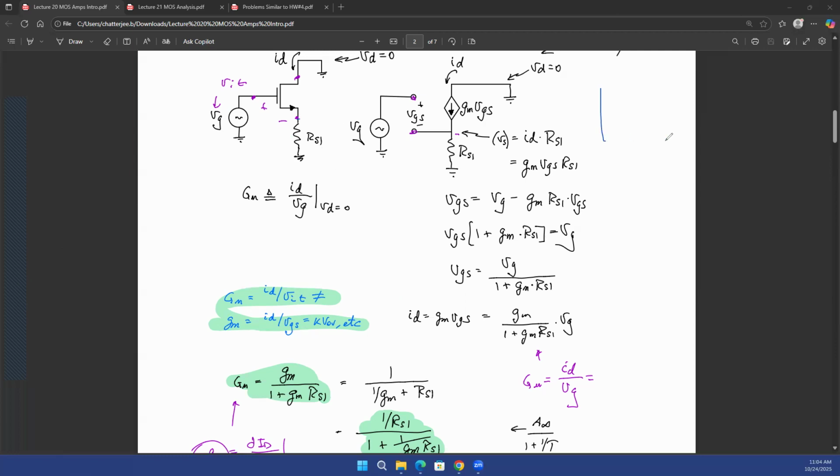So if you plot the gain with respect to frequency, the effect of having a capacitor over here will look something like this.